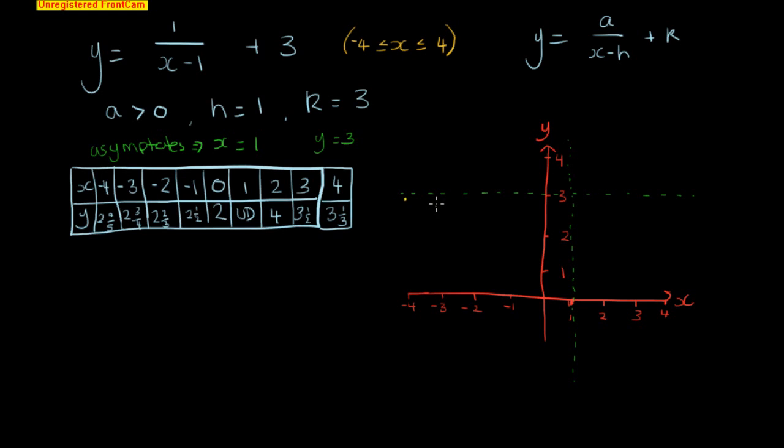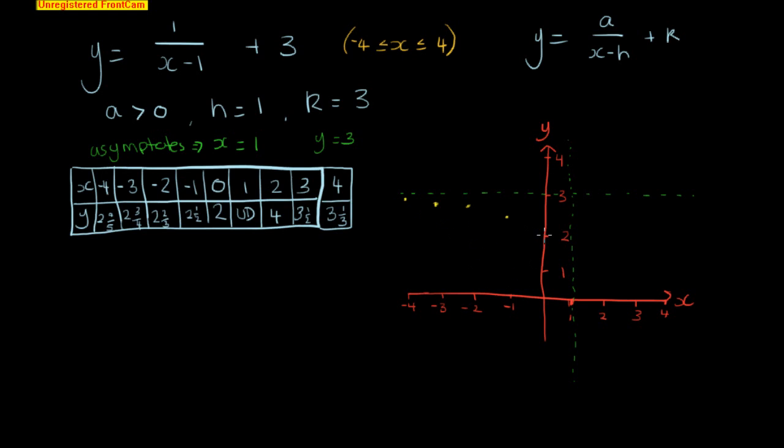Negative 2, we've got 2 and 2 thirds. We're staying pretty close to this asymptote. And at negative 1, 2 and a half. So we've got 4 points there. At 0, y is 2, that's the 5th point.